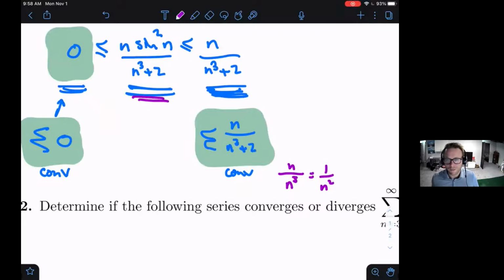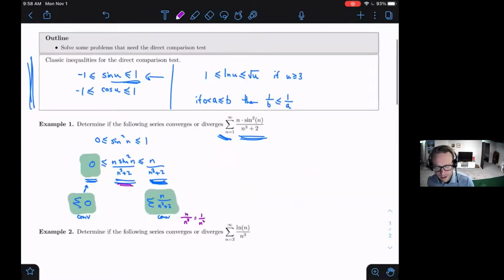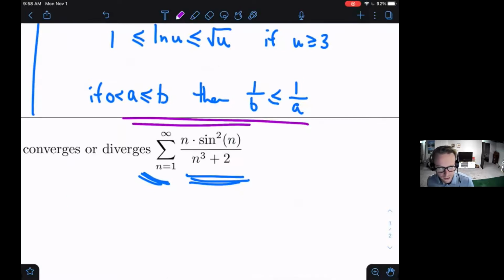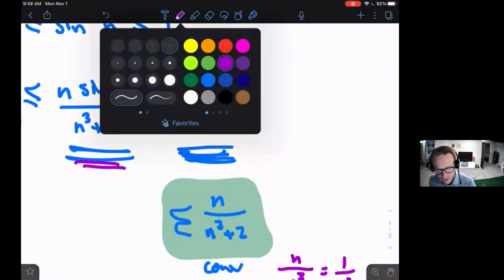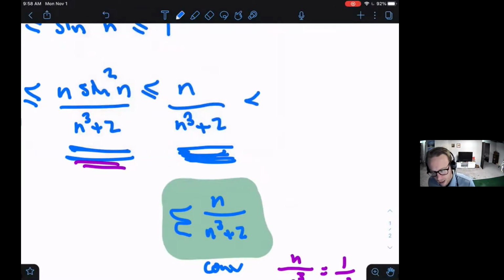The other option, right, is to continue using the direct comparison test. And in particular, I would like to get a little bit of practice using this right here. So notice with the direct comparison test, because I have a +2 in the denominator here, my claim is that this is going to be less than or equal to n divided by n cubed.